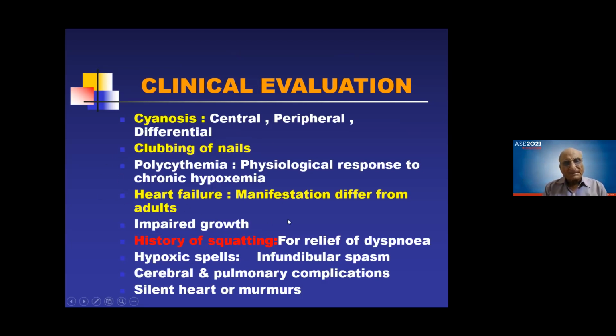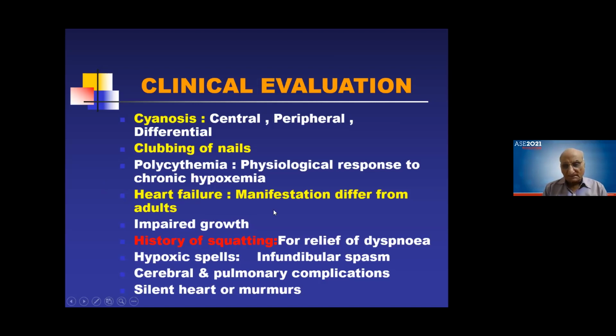And then heart failure. What are the signs or significance of heart failure? Its manifestation differs from adults, and these are very high risk cases, and they should be immediately sent to a pediatric center.